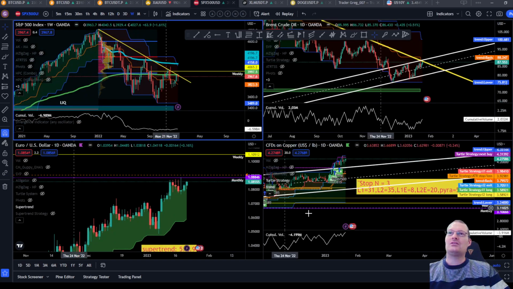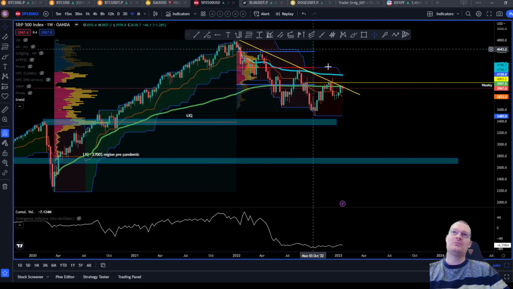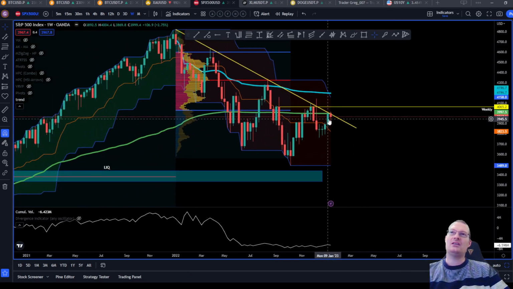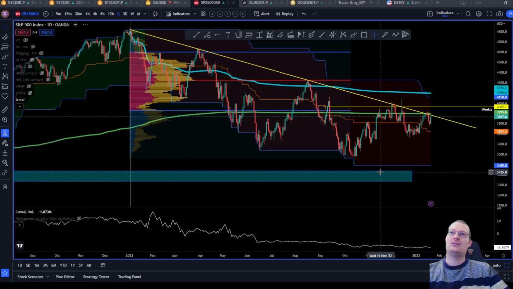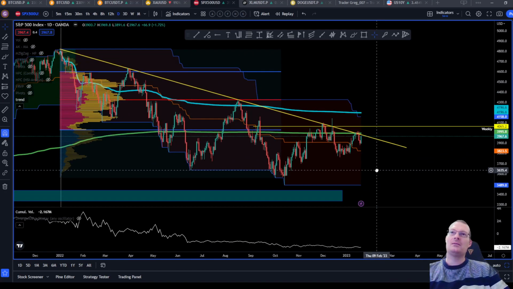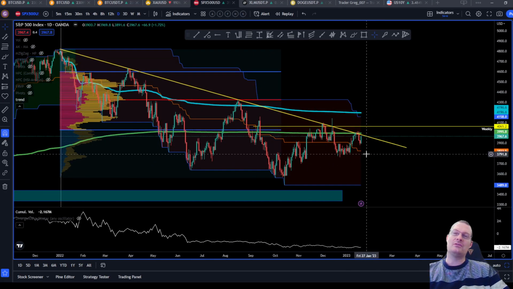Because also, let's have a look at the S&P 500. We're still below this yellow resistance line. Let's switch to the daily. So on the daily you can see we're still in bearish territory, but it looks like we start to find support above the midline.